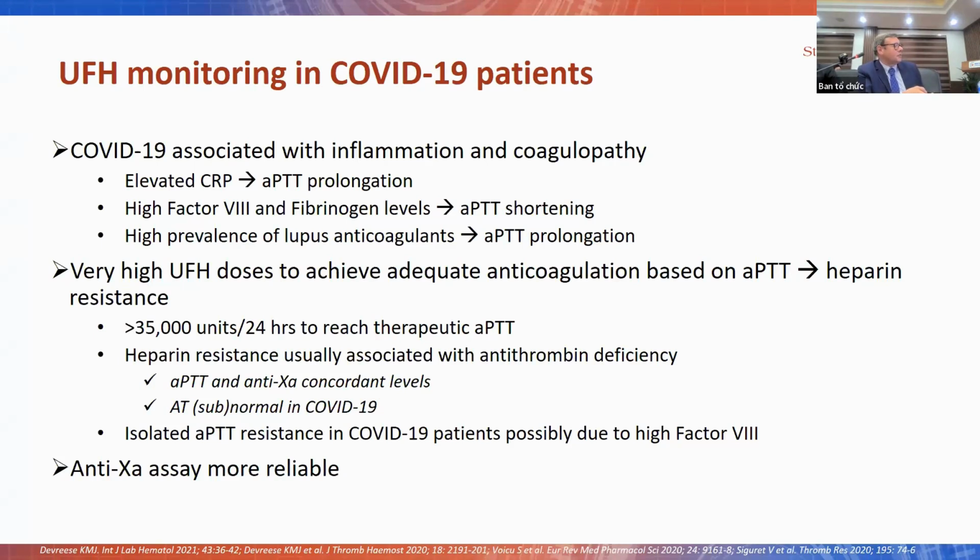And actually, UFH resistance was described in those patients when you used APTT, which is probably less the case when you use anti-IIa, and anti-IIa was considered more reliable also in those COVID-19 patients.